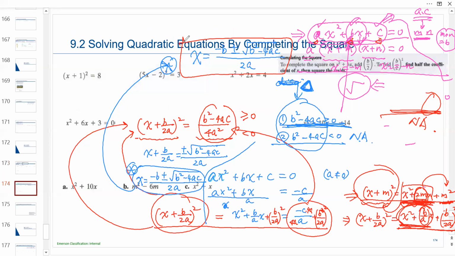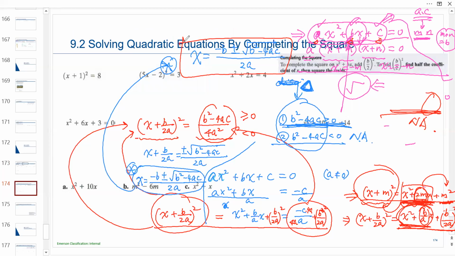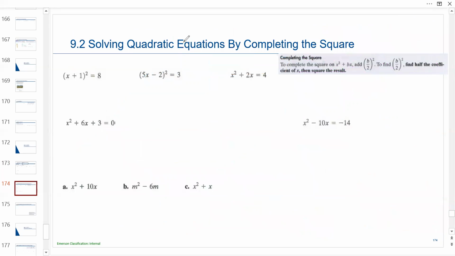All right, let's go to this part. That's what I talked about: how you make this into a complete square.